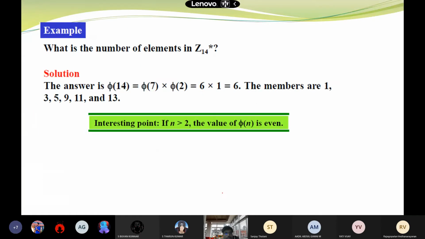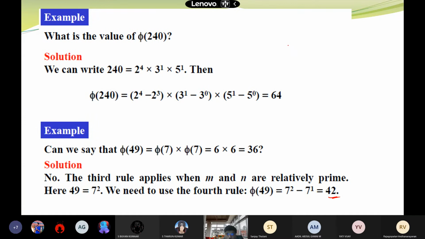So last example. Can you tell me Z14 star? You have to differentiate between Euler's totient function and the Z set that we're talking about. If I give Z14 star, I want you to tell me the number of elements in the set that are smaller than and prime to 14. So is it 1 to 13?